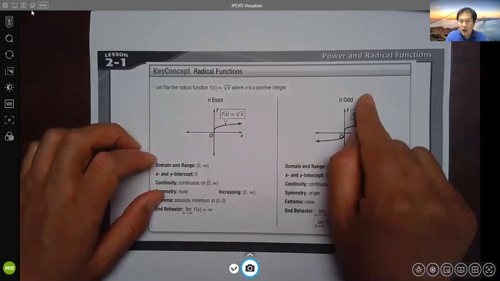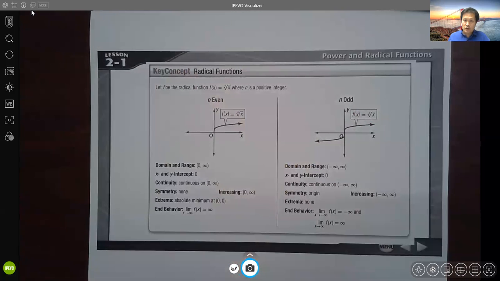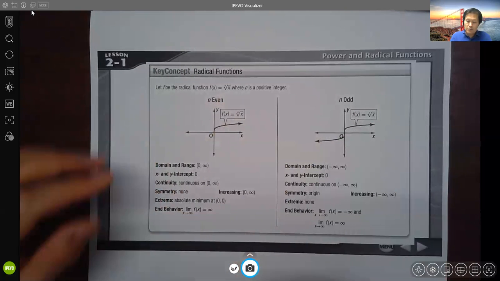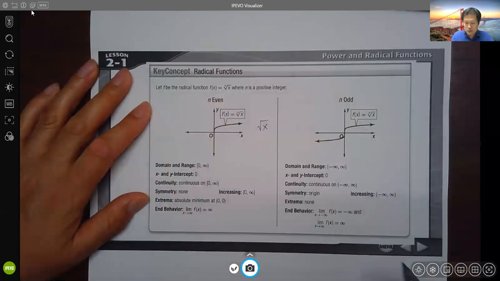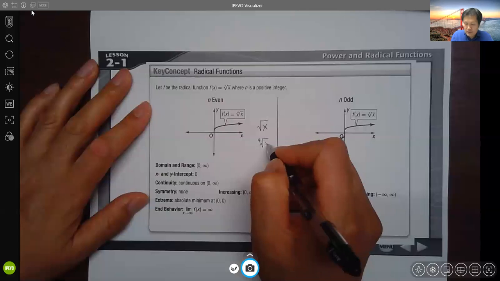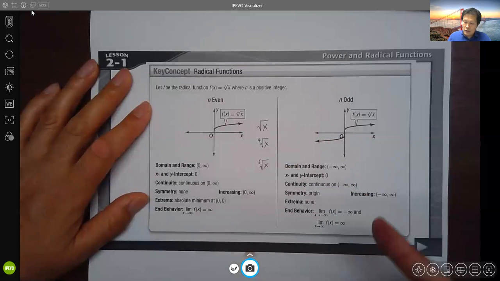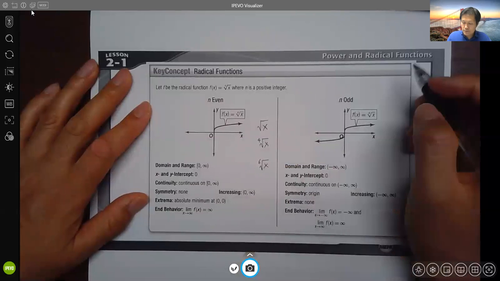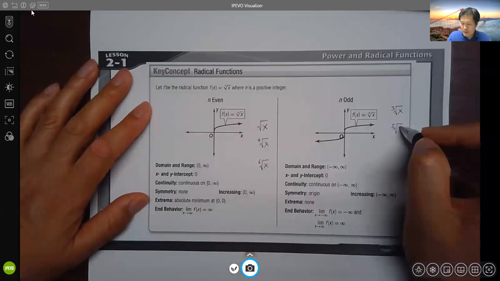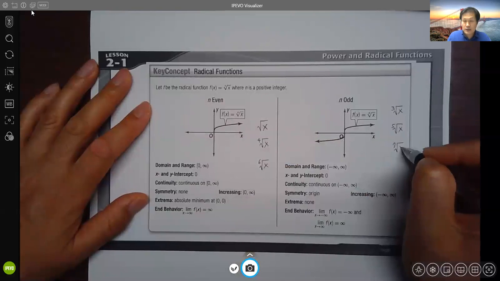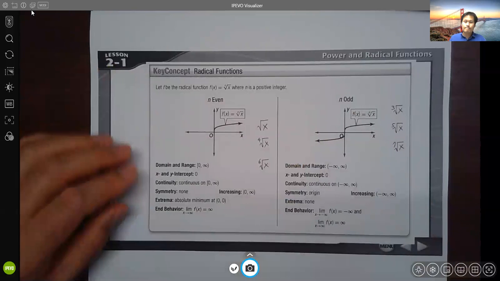If n is odd, you will have left and right both directions. Examples of even would be square root of x, fourth root of x, sixth root of x, and so forth. Examples of odd would be cube root of x, fifth root of x, seventh root of x, and so forth. You will have a graph left and right like this.